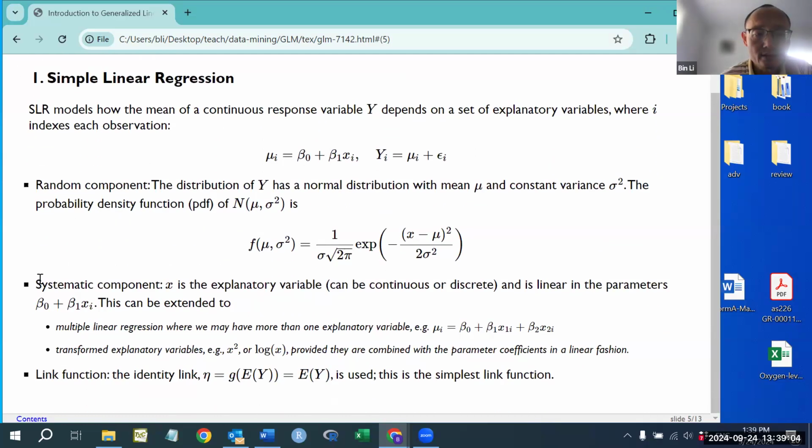And the systematic component is this one, the linear function of x, right? And the link function? The link function for linear regression is actually the simplest. The link function is the identity link. That means g of mu equals mu itself. So that's the identity link, the simplest case for the GLM.